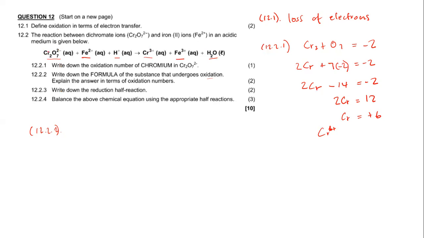Cr here, what is the oxidation number for Cr? We said it's positive 6. We have just calculated it, right? It's positive 6. Now, what is the oxidation number of Cr on that side? It's positive 3. Let me just say it's 6+ and here is 3+, right? Okay, sharp. What is the oxidation number of oxygen here?